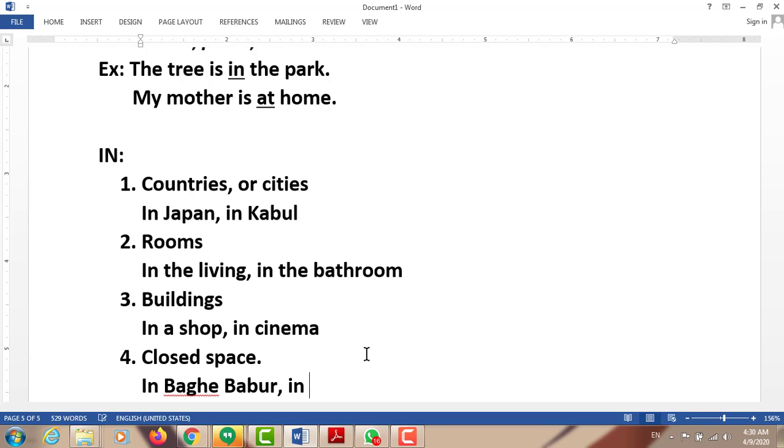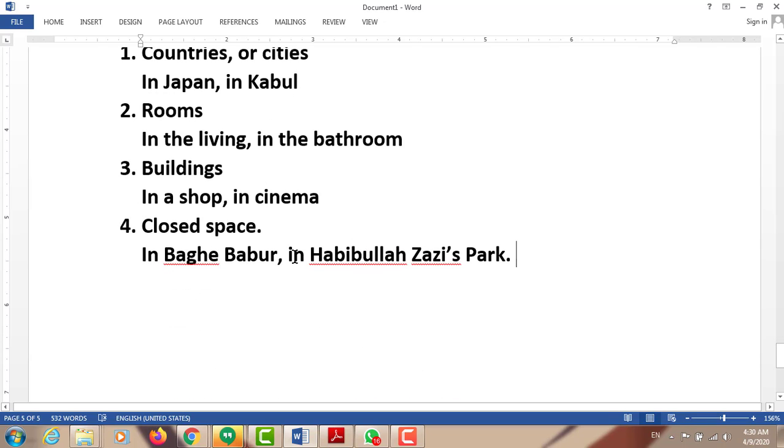And in Habibullah Zazai's park. So this is also a park. Parks and gardens are closed places.